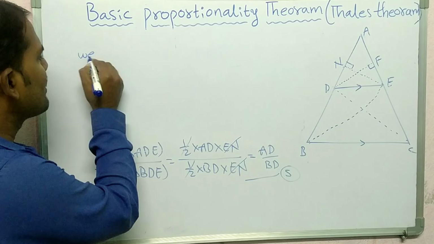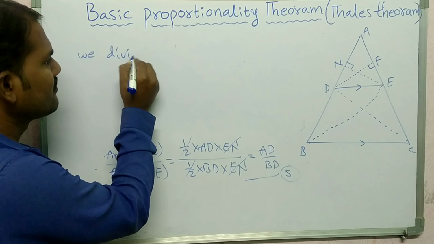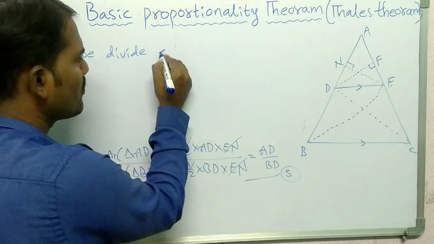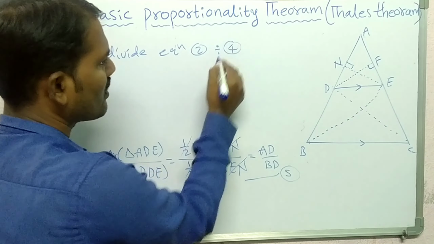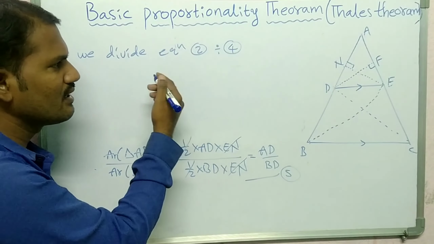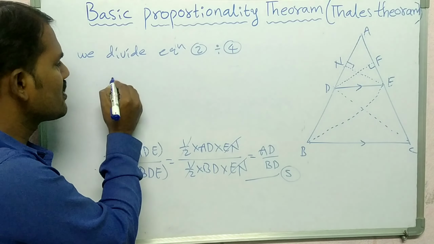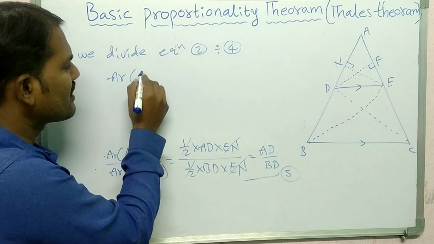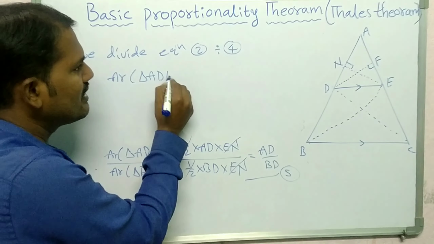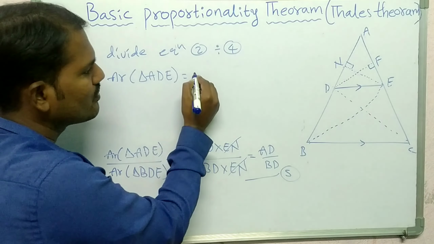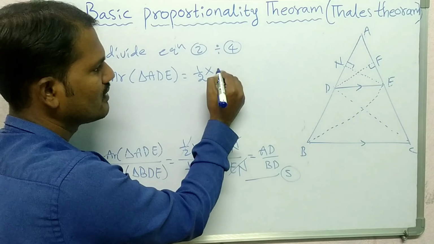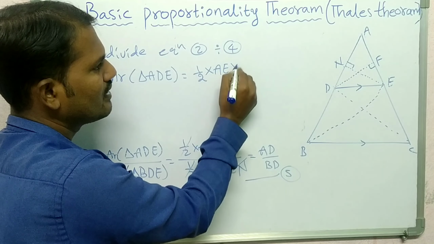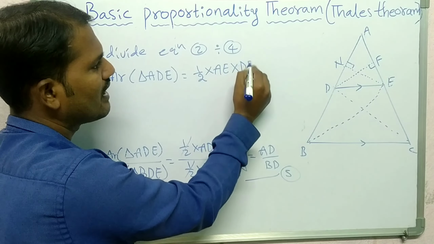Next again we have to divide equation number 2 by equation number 4. Equation number 2 is what? Area of triangle ADE equals half of AE into DF.